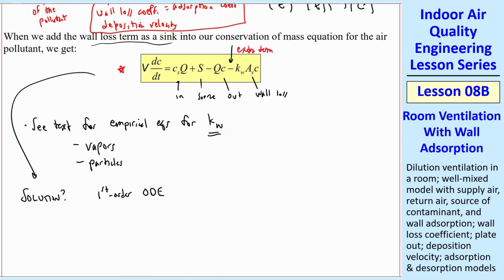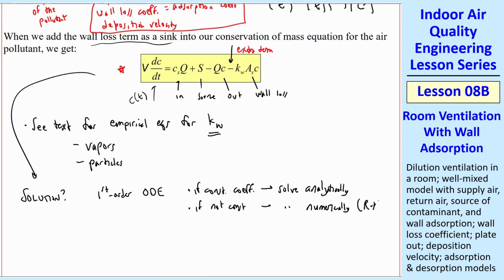It can have constant or non-constant coefficients, just like previously. C itself is a function of time only. And Q, S, KW, AS can all vary with time. If it has constant coefficients, we can solve analytically. If not constant, we solve numerically with the Runge-Kutta technique or some other marching technique in time.